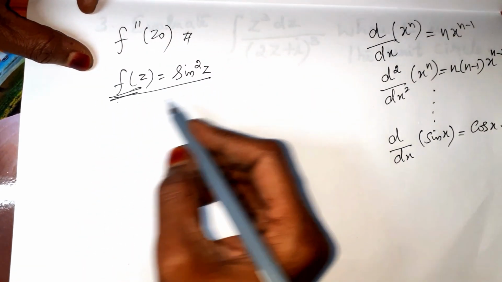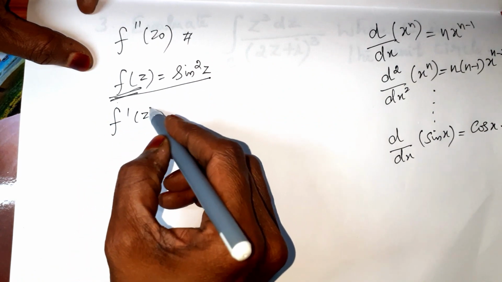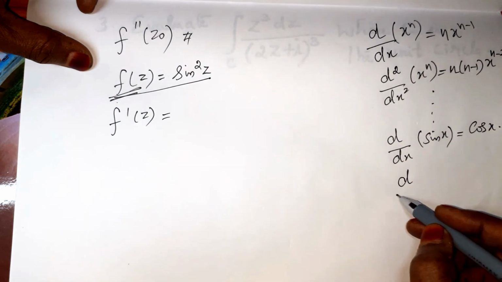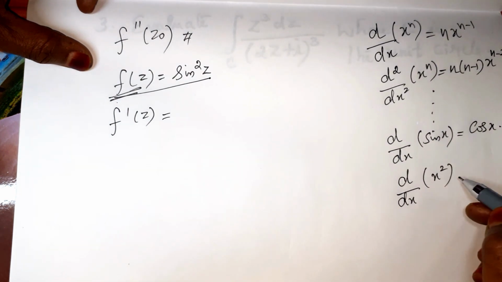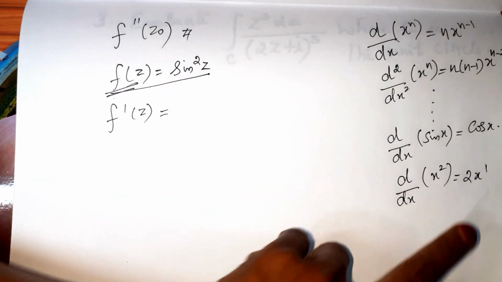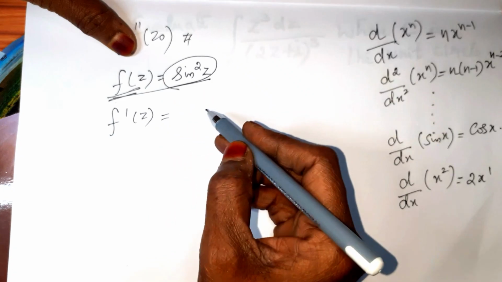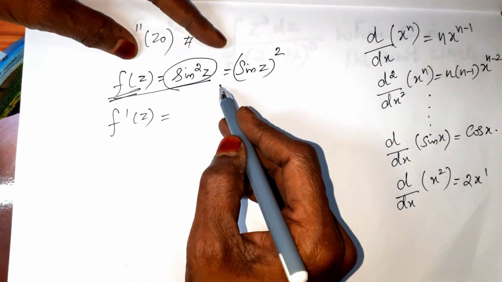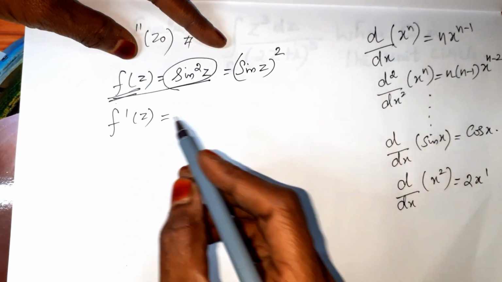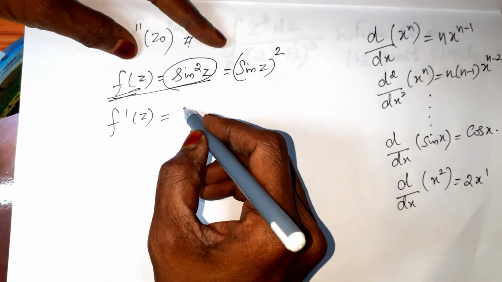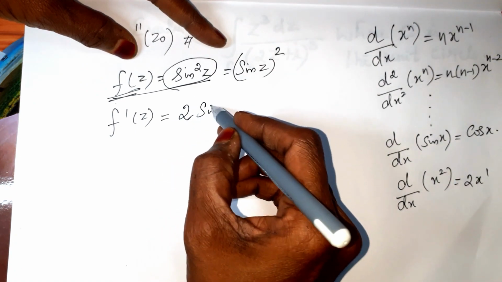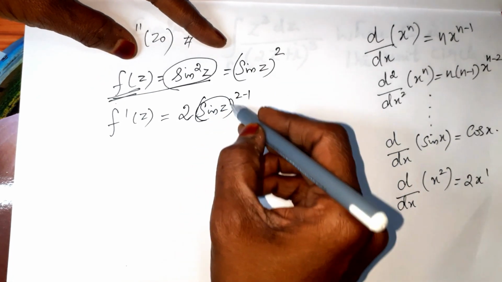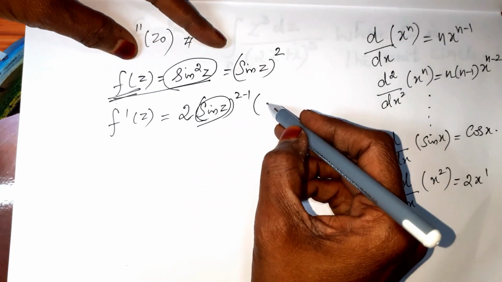Alright. Here we had to differentiate this sin squared once. How do we differentiate this? Now you tell me the formula for x squared. 2 into x power 1. Am I right? So like that, in the place of x we have sin z. Sin squared z can be rewritten as sin z the whole squared. So when we differentiate this, we get 2 into sin z power 2 minus 1 into the derivative of sin z, which is cos z.